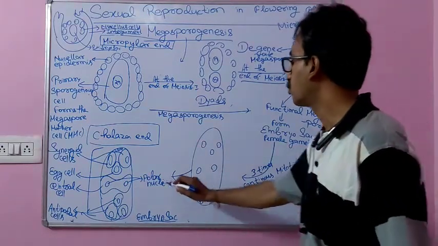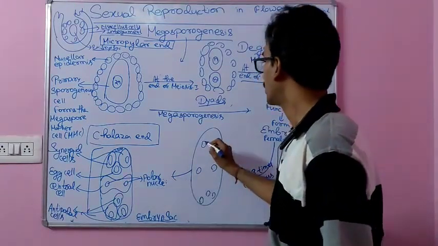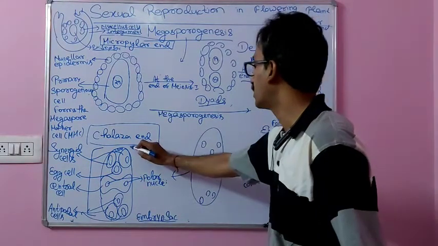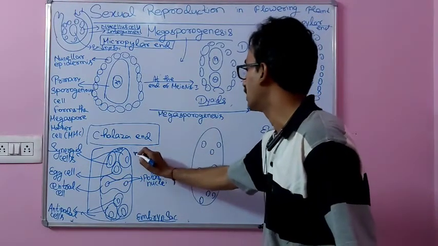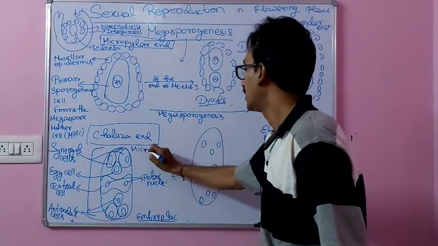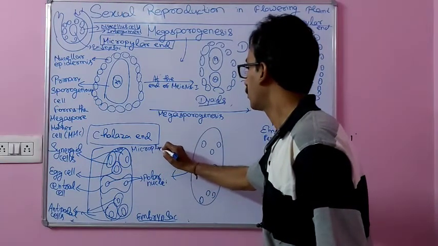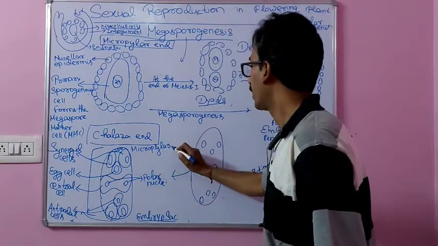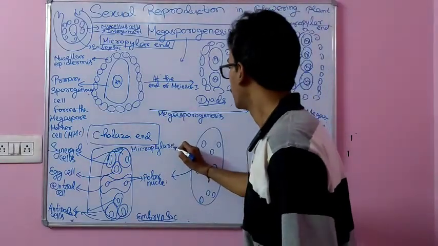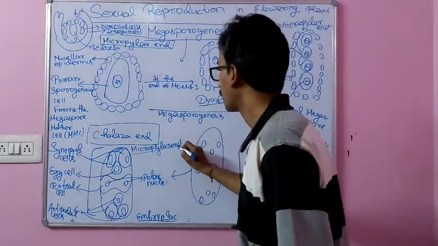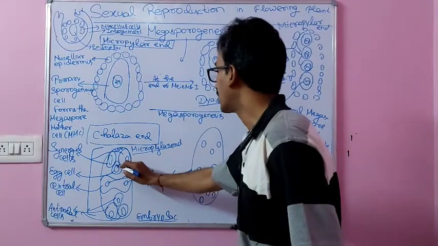Then cytokinesis occurs, in which the 3 nuclei present towards the micropylar end get arranged to form 3 cells.